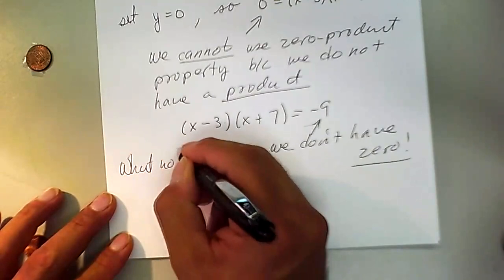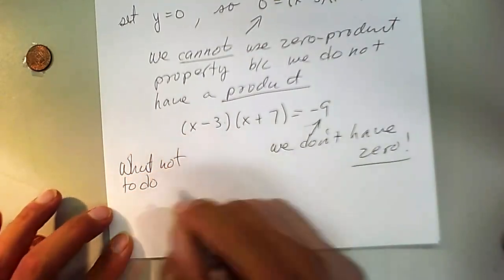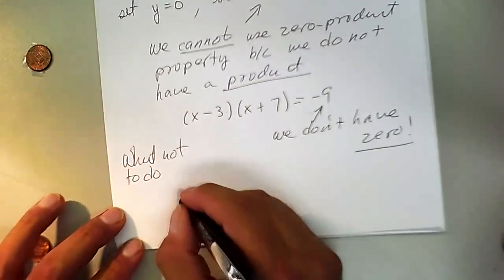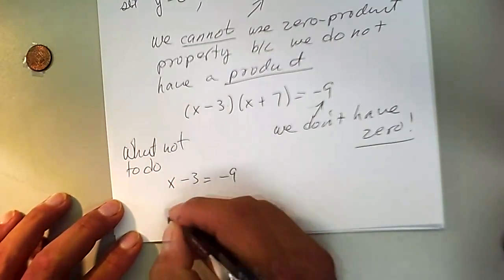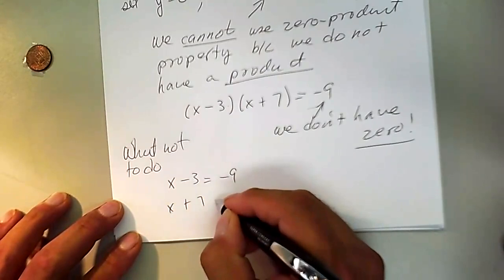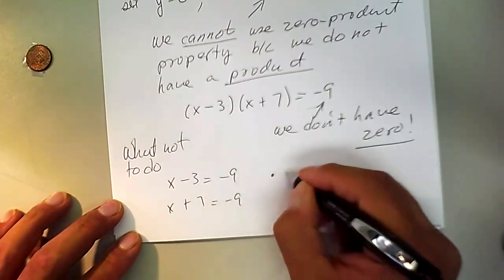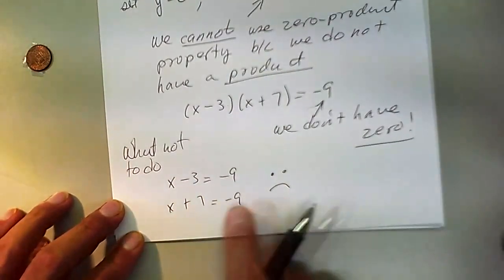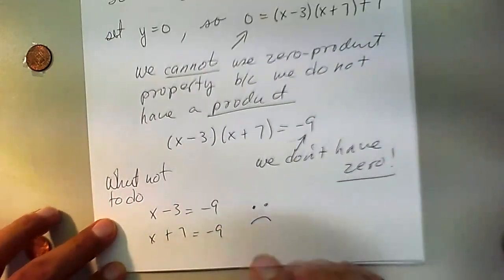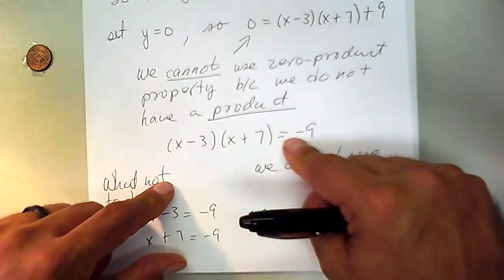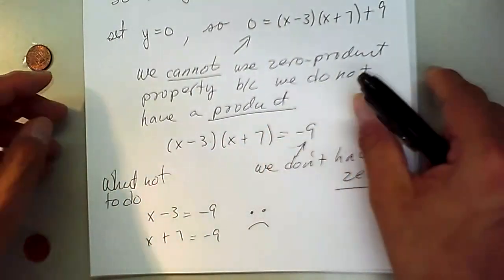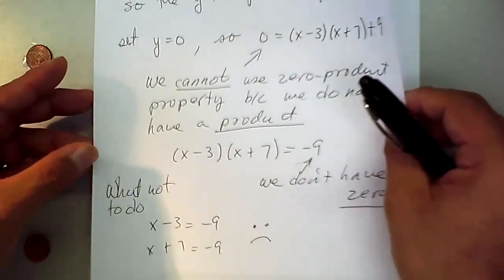There are many things not to do, but one thing we cannot do is say x minus 3 equals -9 and x plus 7 equals -9. That would be really, really bad. Don't do that. The only time we can split up and make it equal to 0 is if we have a 0 product. Otherwise, we cannot.